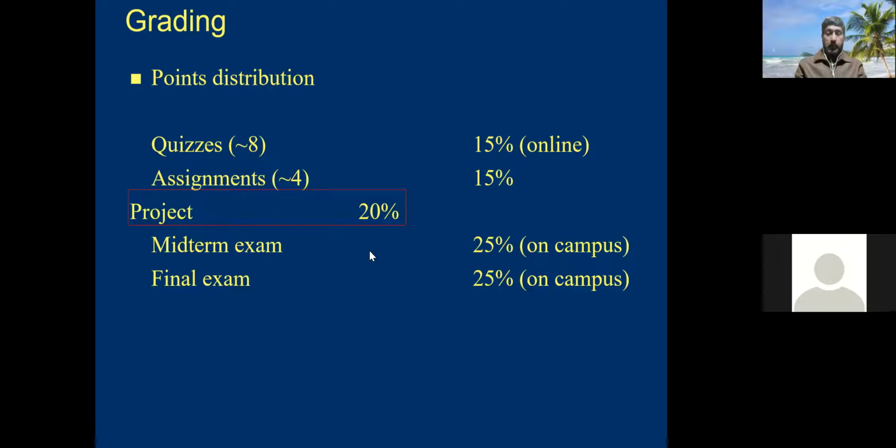The projects would be pre-designed for you, and they will be assigned to you. Of course, they will be in groups. The group size would be decided later on, maybe up to three people. For the grads, there might be an additional sub-project, which would be discussed later on.